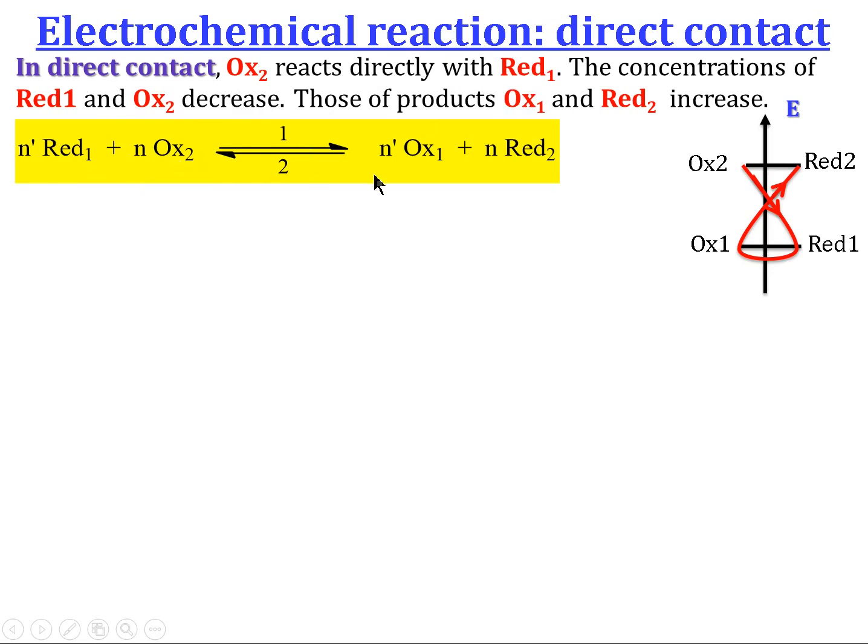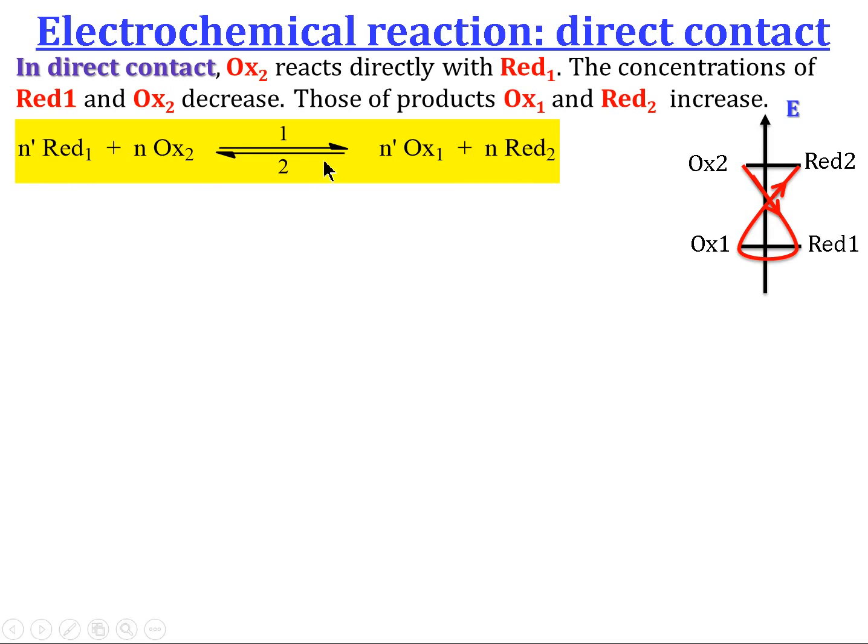According to this reaction, n' Red1 plus n Ox2 gives n' Ox1 plus n Red2. So during the reaction, the concentrations of Red1 and Ox2 will decrease, those of Ox1 and Red2 will increase.